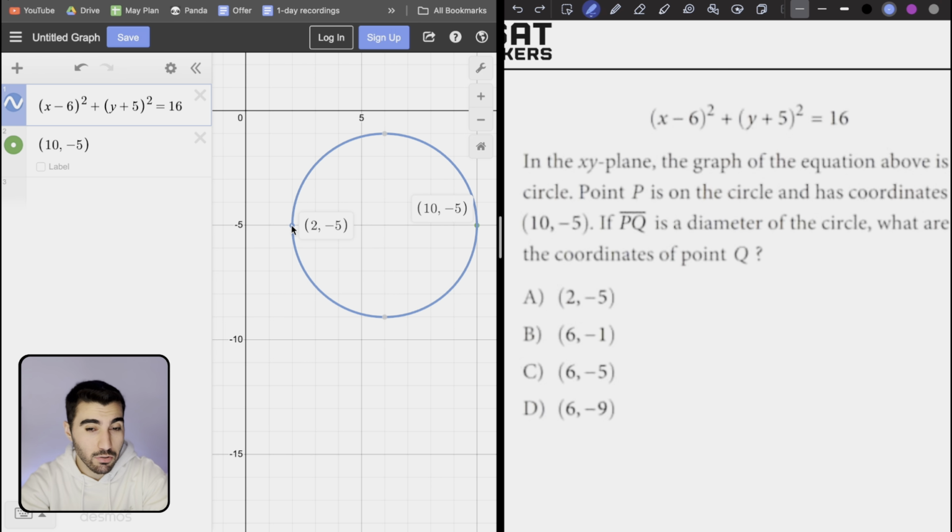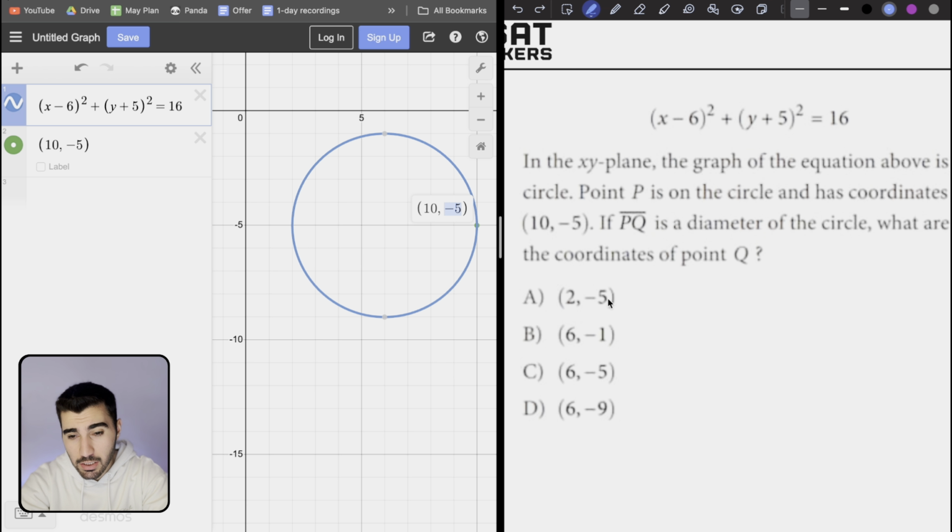So the other way that you can do this is, here is 10, negative 5. The other side of the diameter, if Q is on the diameter, here is the Q, it's going to have the same y coordinate, the same y value, because the y is not changing, it's just moving on the x-axis, right? So the y is going to have to be the same, negative 5, right?